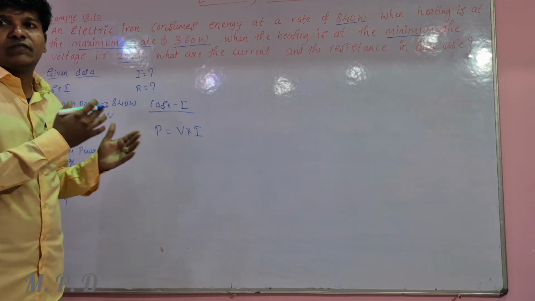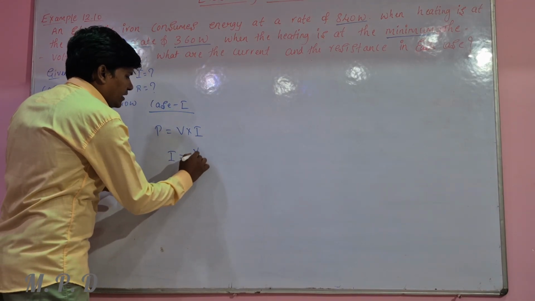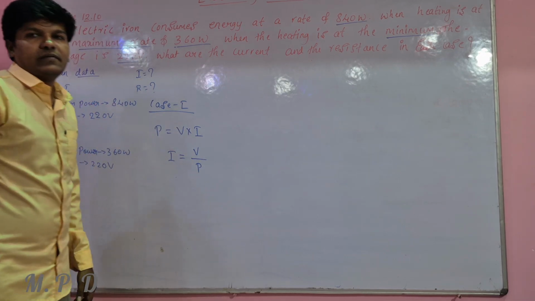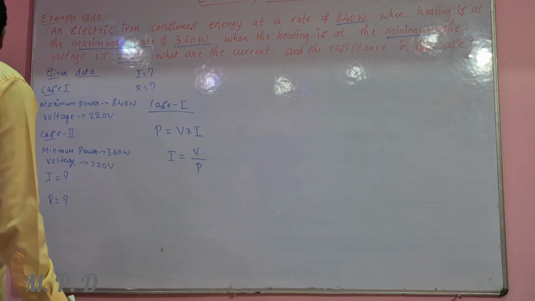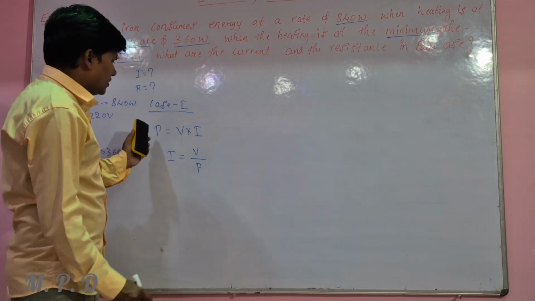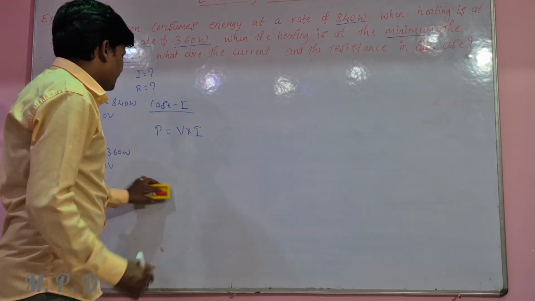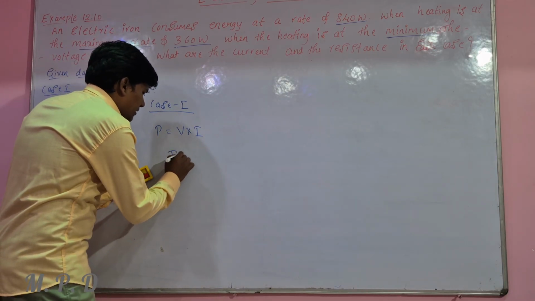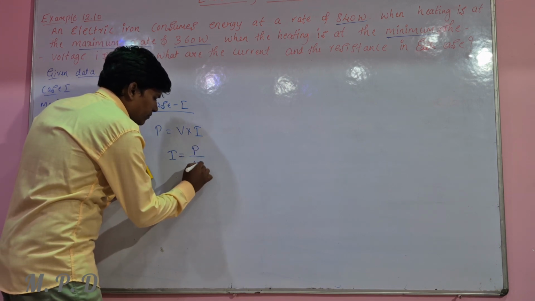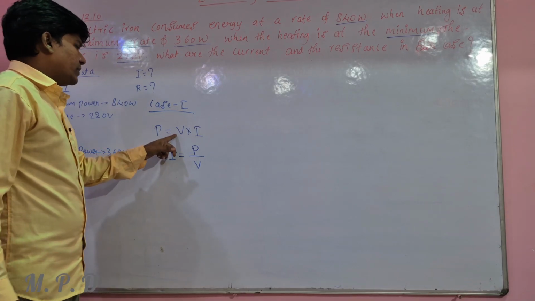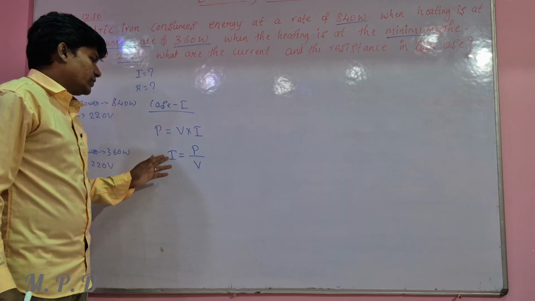That's why we change the formula and take out I. I is equal to P divided by V, because V moves from multiplication to division on the other side.